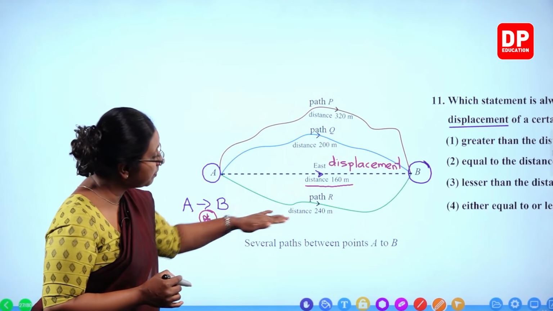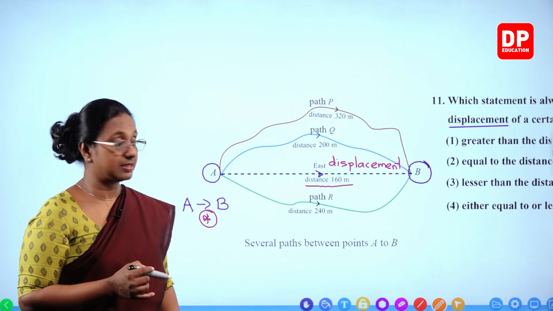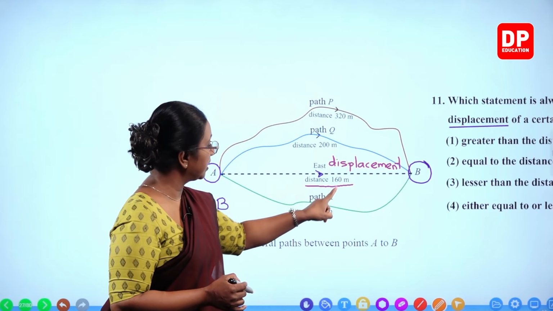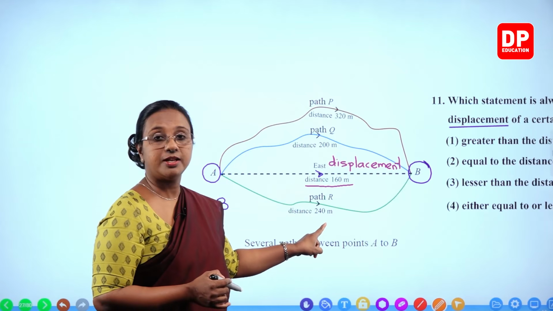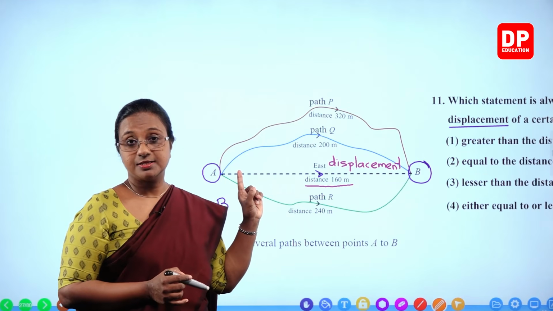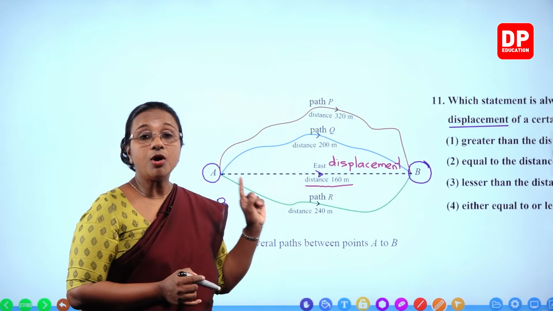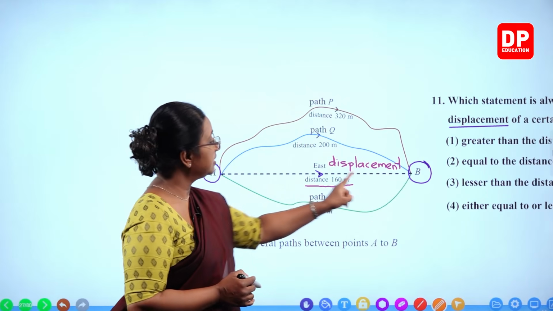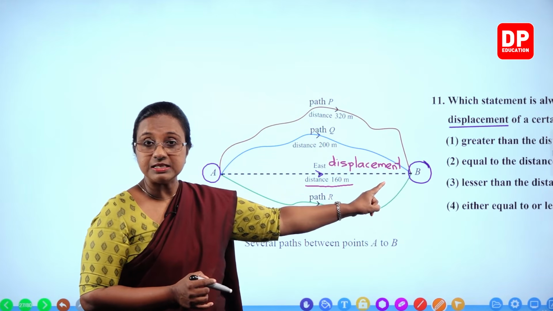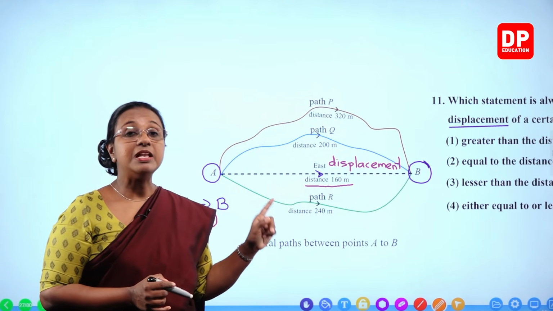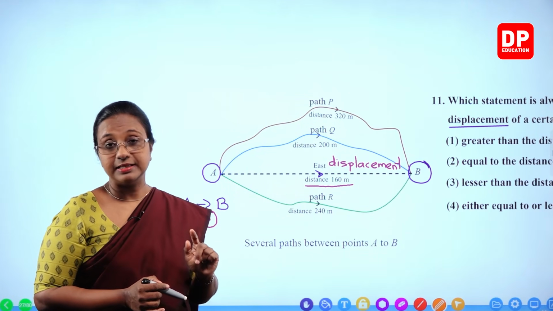But when you compare all the distances, this is the shortest one. 320, 200, 160, 240. So this is the shortest distance. If the object traverses through this path, which has a distance of 160 meters, then the distance and the displacement will be equal in magnitude.